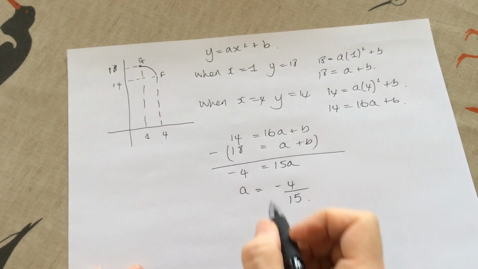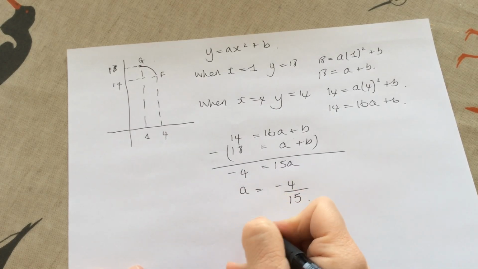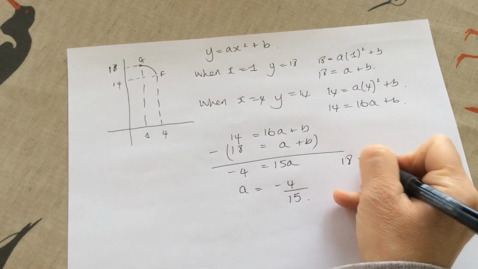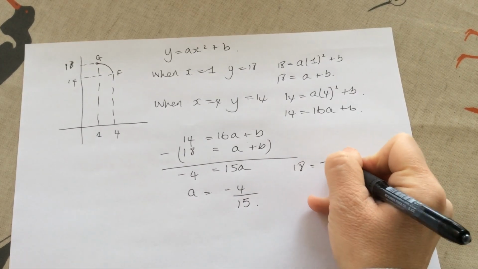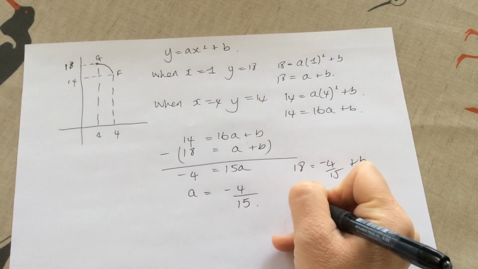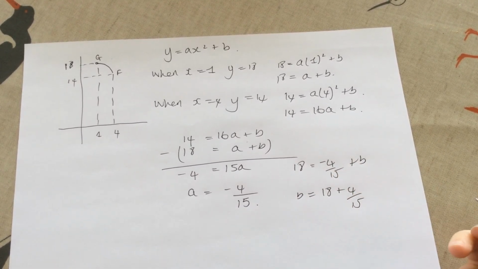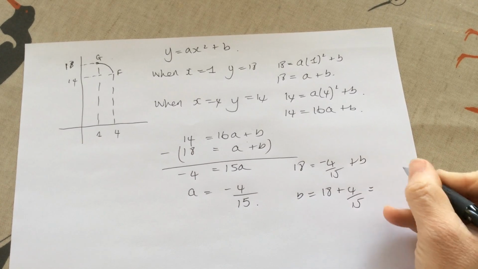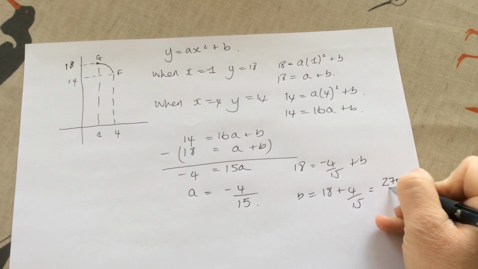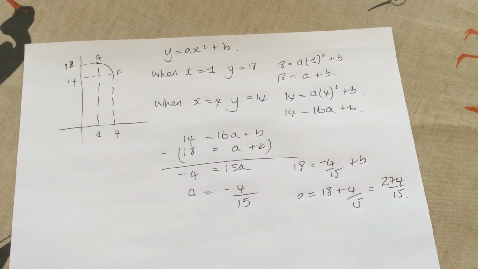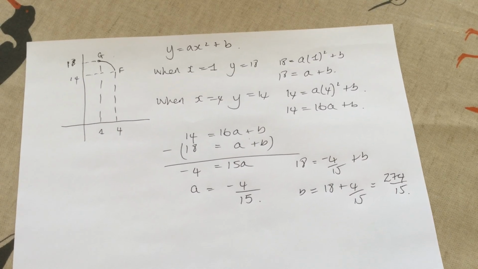I can now substitute that back into, well, I went for this one because it's only a plus b. So I've got 18 equals minus 4 over 15 plus b. So b equals 18 plus 4 over 15, and that gives me 274 over 15. So those are the two values.